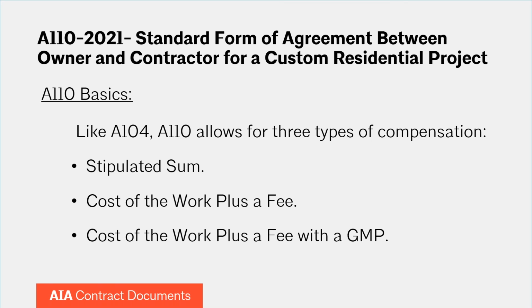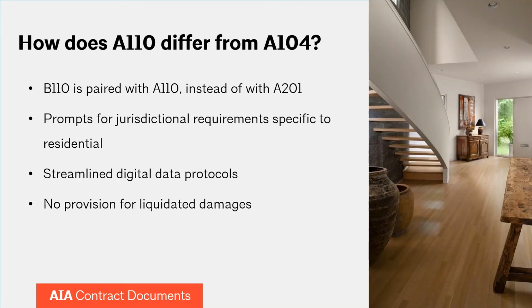So like the A104, you can edit the A110 for the contract to be stipulated sum or cost plus with or without a GMP. Those extra 5 pages I've alluded to, whether it's 25 or 30 pages, come in only when it's a cost plus project, in which case you'll have to add the determination of the cost of the work exhibit, which is not relevant to stip sum projects, but is relevant to cost plus agreements.